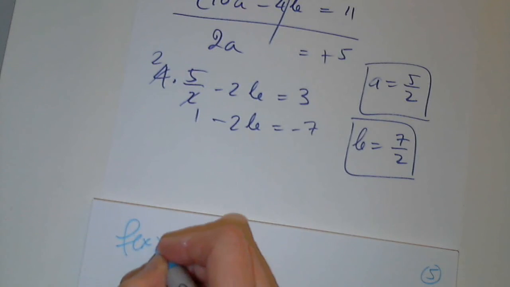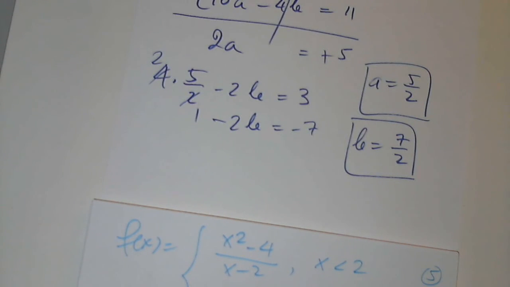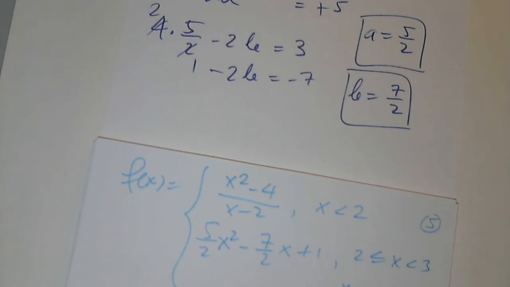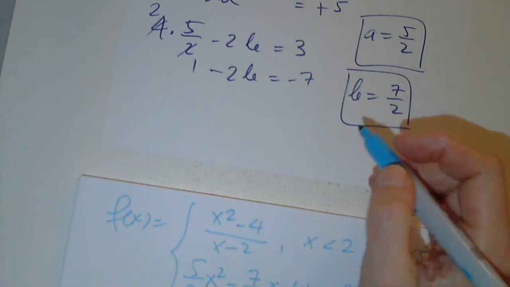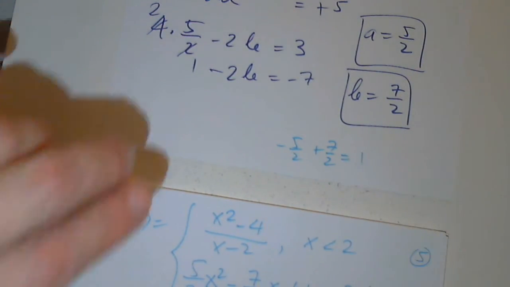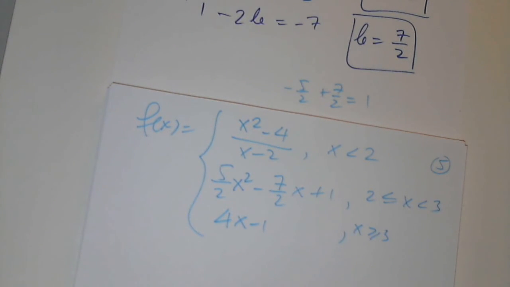So then f of x is x squared minus 4 over x minus 2 for x less than 2, is 5/2 x squared minus 7/2 x plus 1. And for x, so let's see, negative a, so negative 5/2 plus 7/2 is 2/2, which is 1. So the last branch is 4x minus 1.